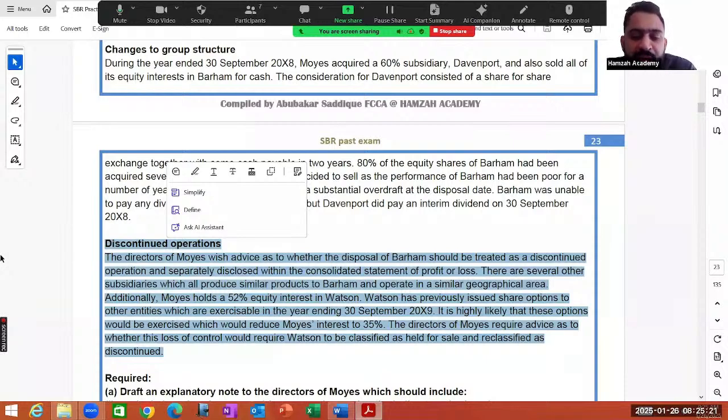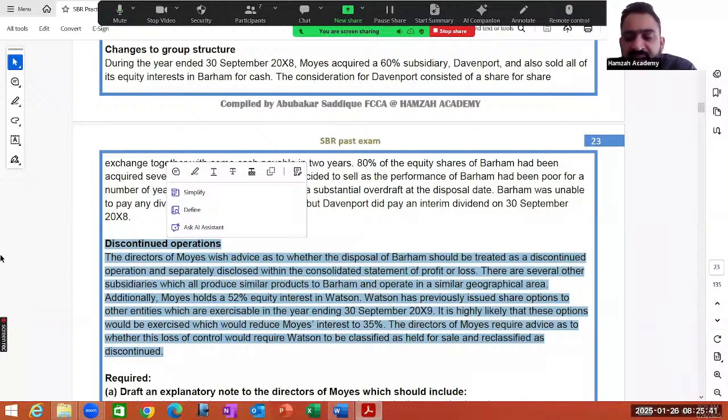Additionally, M holds a 52% equity interest in Watson. Watson has previously issued share options to other entities which are exercisable in the year ending 30th September X9.